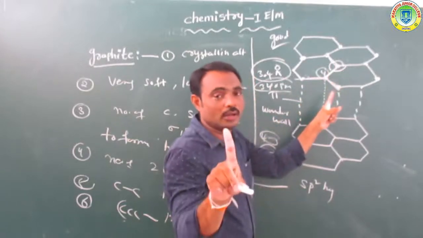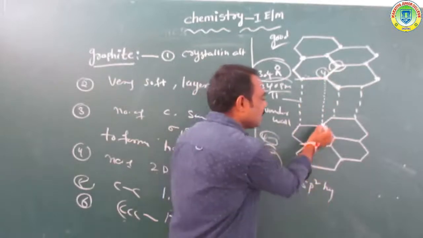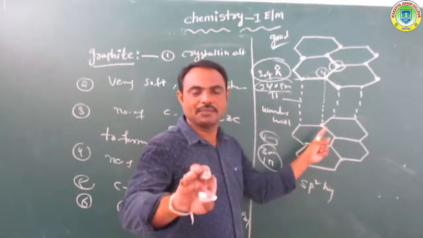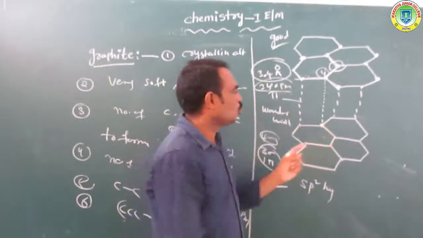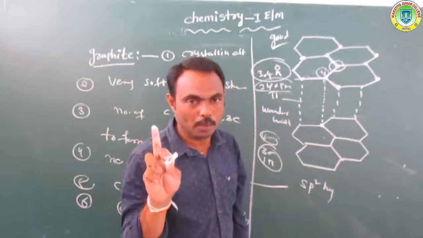The remaining one electron is attached with another layer of the carbon, to form a weak bond. Weak bond means pi bond.